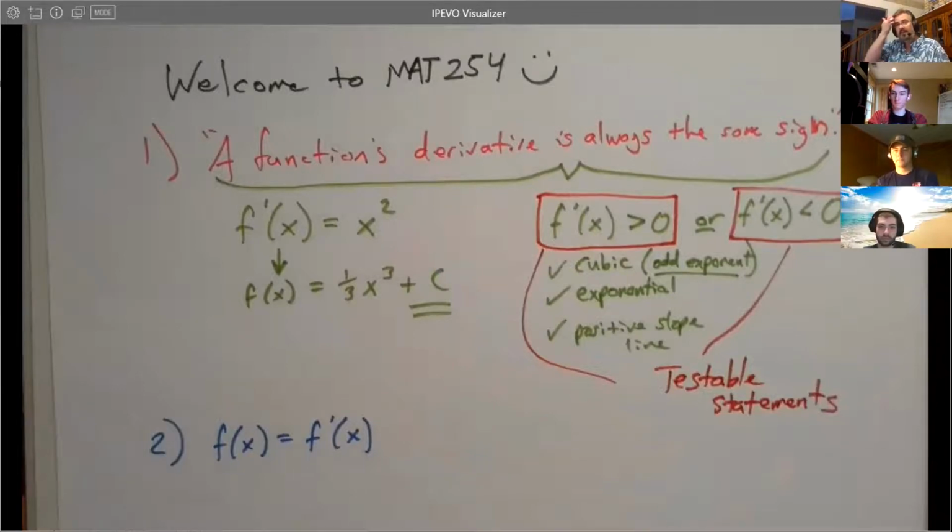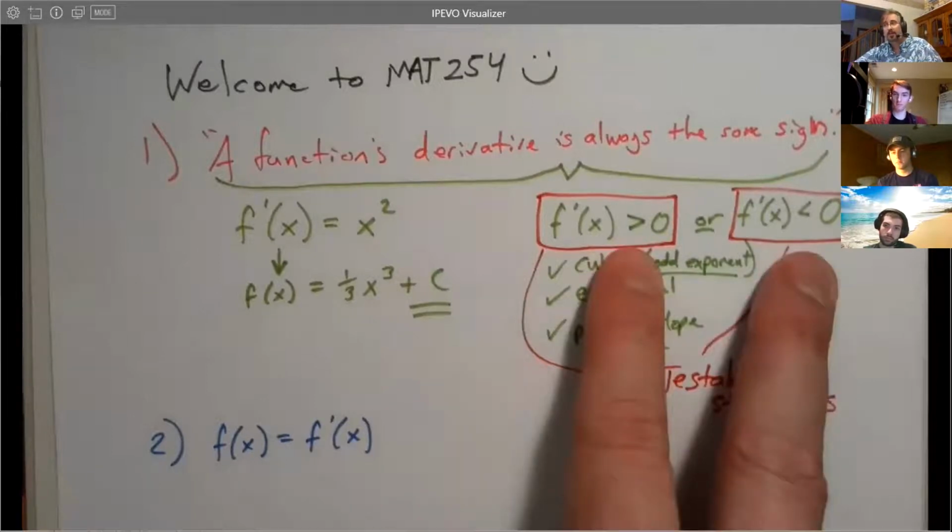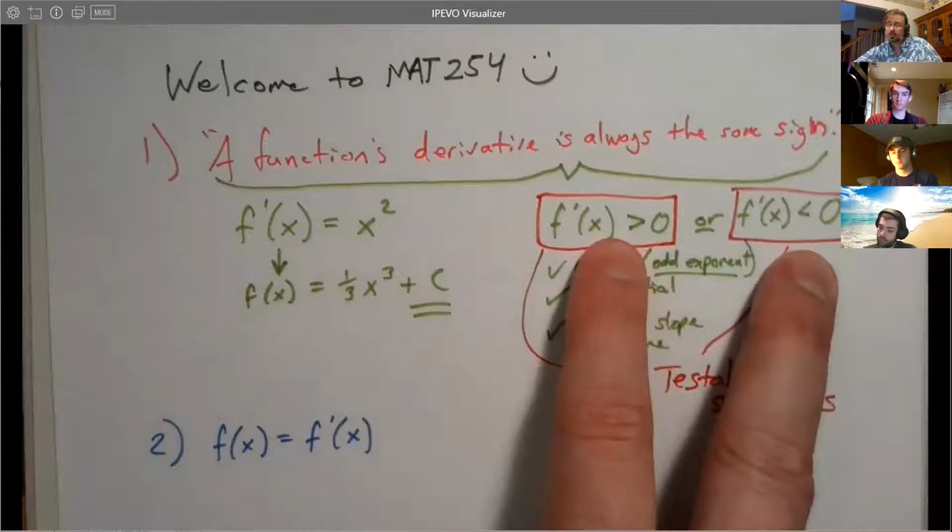If you're in a science class, you might talk about hypothesis testing. It means slightly different things, but in a pure math class, testing a hypothesis really just means checking to see whether something is true or not true. And it's not a matter of, well, sometimes it is. It's either true or it's not true. And so these are testable hypotheses because either this is true or it's not true.